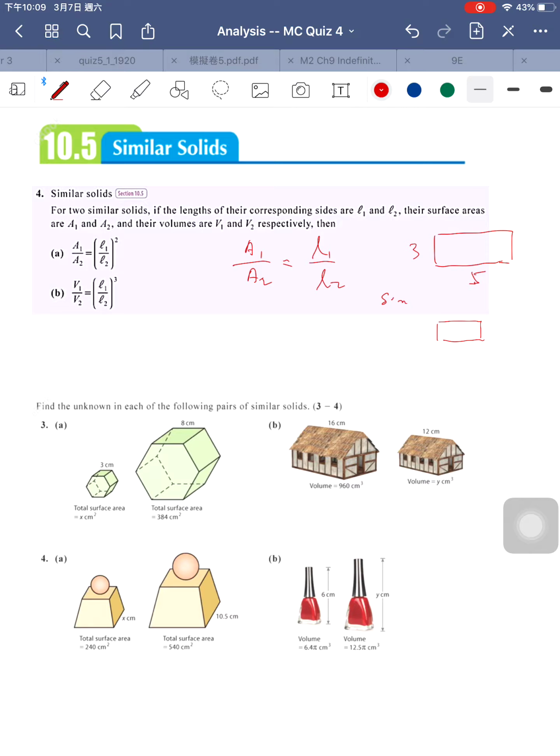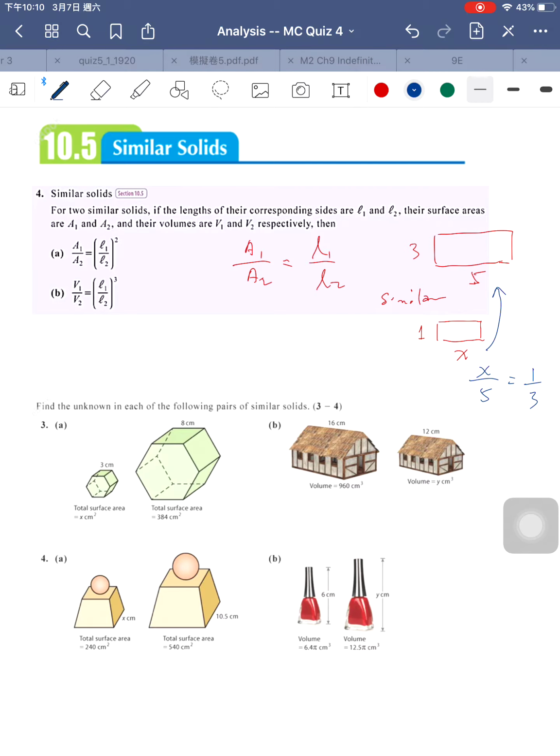Of course, you have to know that they are similar. If this side is 1 and you don't know this side, you know that they're similar, so x to 5 equals 1 to 3.